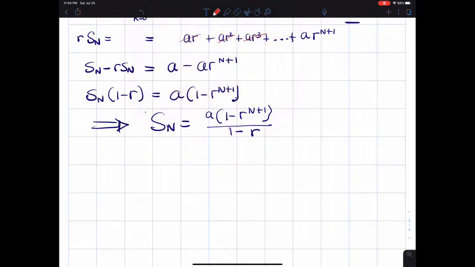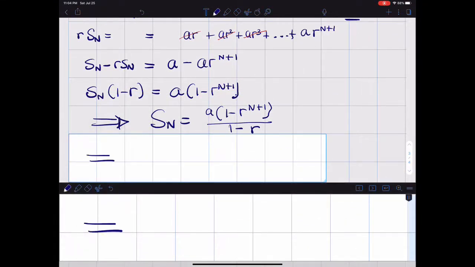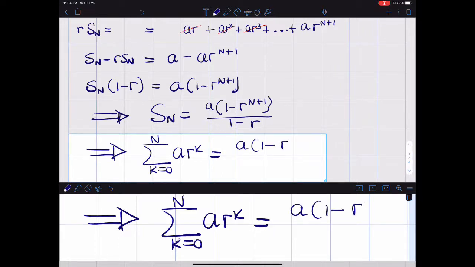This is the formula we want to get. Because Sn is just the summation k from 0 to n of ar to the power of k, this is a times 1 minus r to the power of n plus 1 over 1 minus r.